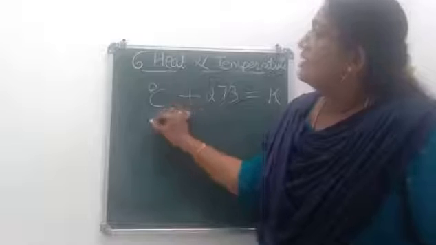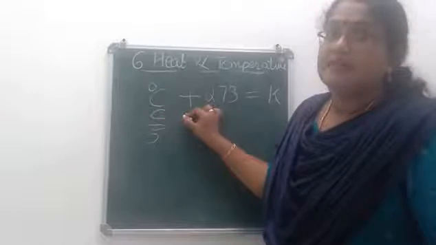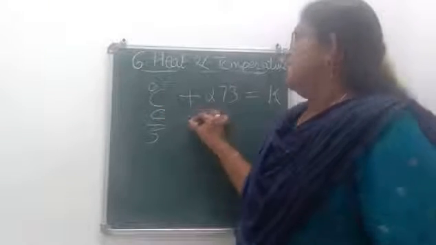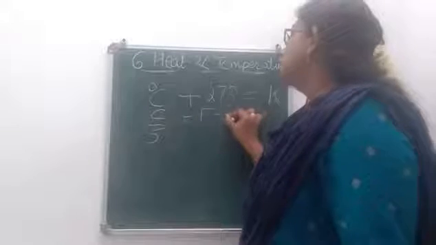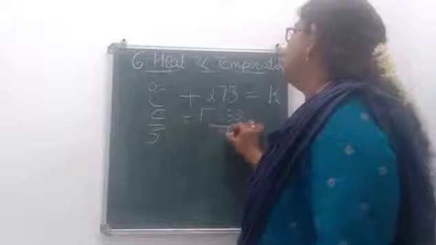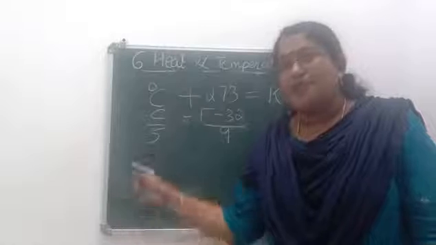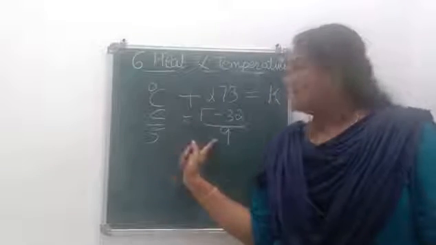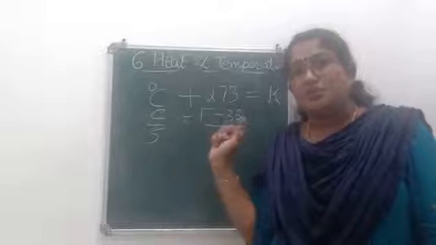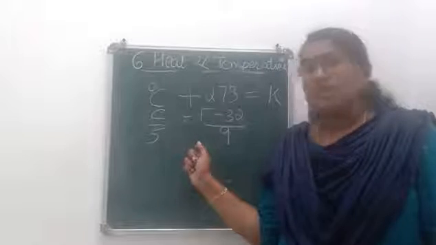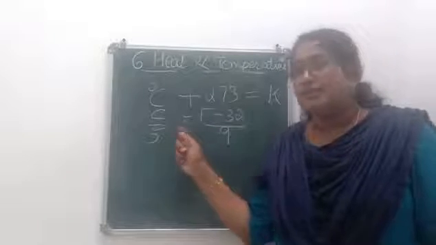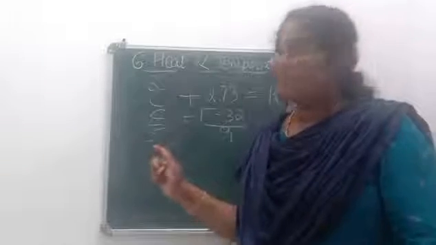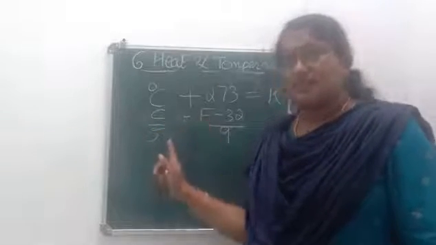Now, there is a relation connecting the Fahrenheit and Celsius scales. C by 5 is equal to F minus 32 by 9. Learn this relation by heart. C by 5 is equal to F minus 32 by 9. This equation gives the relation connecting the Celsius scale and Fahrenheit scale.